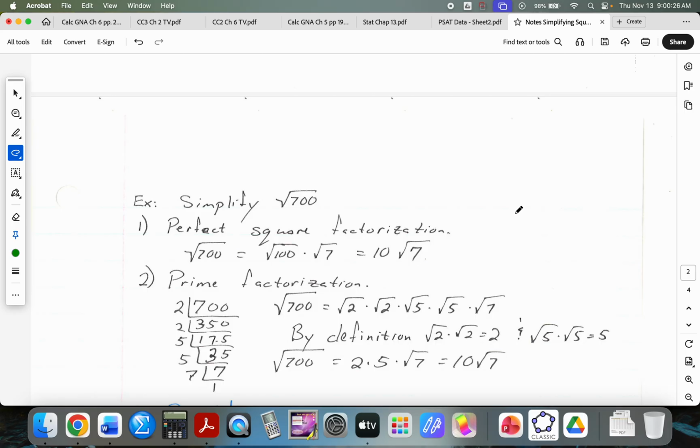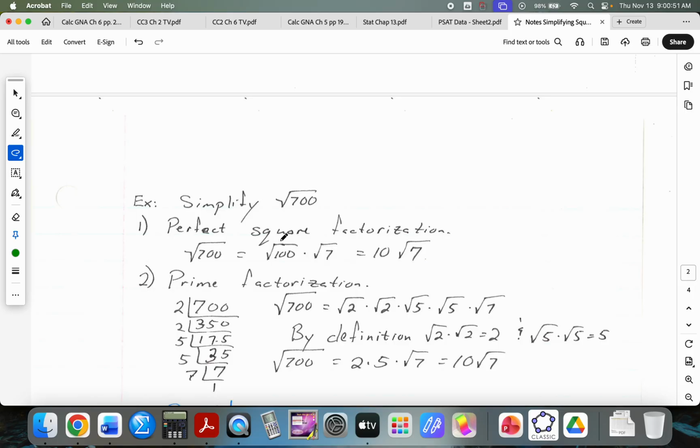This is part of why knowing the perfect squares is helpful. 700, well, this is actually a pretty easy one. Clearly 100 divides into that evenly, and 100 is a perfect square. So what we can do is say the square root of 700 is equal to the square root of 100 times the square root of 7, so that's 10 square roots of 7.